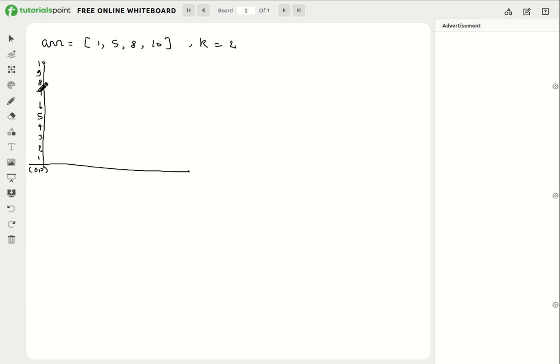Okay, so the first tower has length 1, the second tower has length 5, the third tower has length 8, and the fourth tower has length 10. So I can write 1, 5, 8, and 10, right?